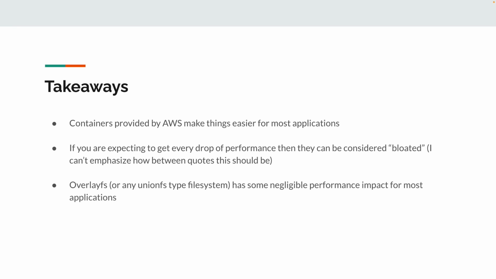And overlay FS or any UnionFS file system has some negligible performance impact for most applications. So my mission here is not to say go for the best performance you can get. No, this is fun. This is what you should do in your spare time. But this should just be a card up your sleeve. That's what I'm saying.